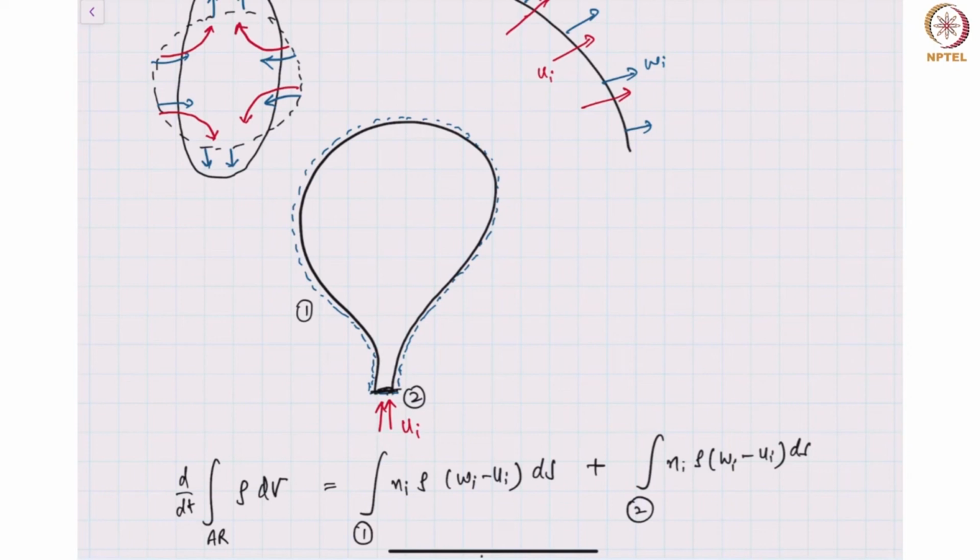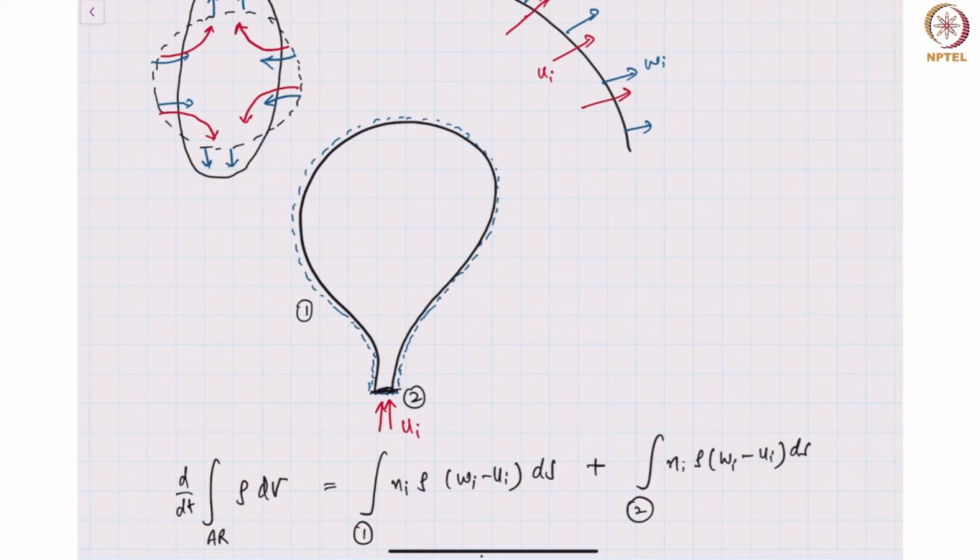Now, in the first case, if you look at the integral 1, the boundary is increasing. ui is the velocity at the boundary, and wi is the velocity of the boundary itself. Again, this term is 0, but the second term is non-zero, because it is the inlet to the balloon, where you put it in your mouth and blow air into the balloon.